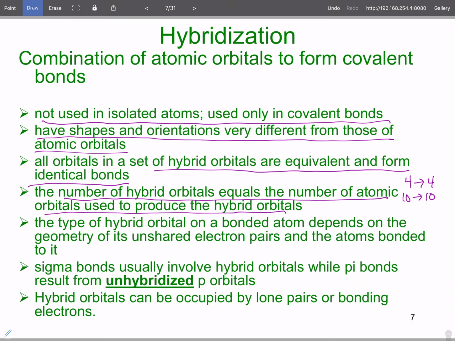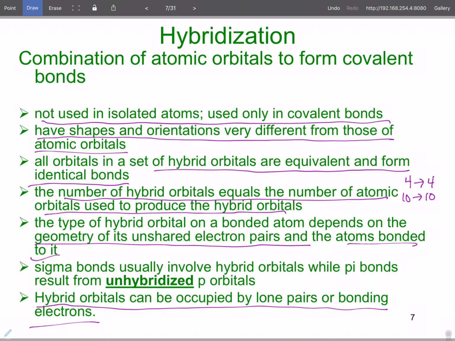Okay? The type of hybrid orbital on a bonded atom depends upon the geometry of its unshared electron pairs and the atoms bonded to it. So one thing that you need to know, and this is jumping forward to this rule, is hybrid orbitals can either be occupied by bonding pairs, or they can be occupied by a lone pair.